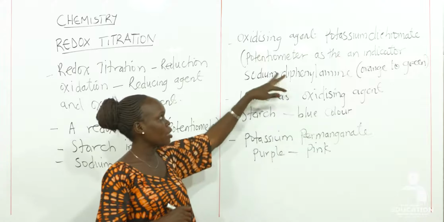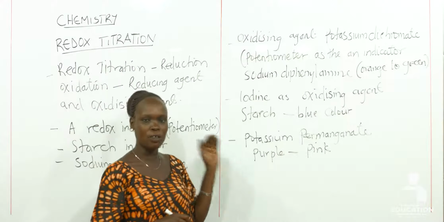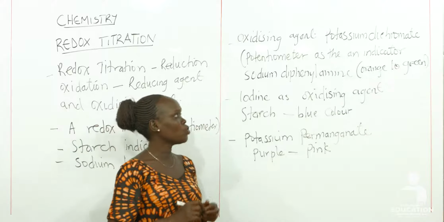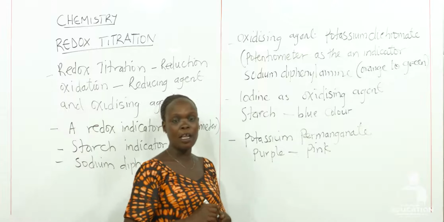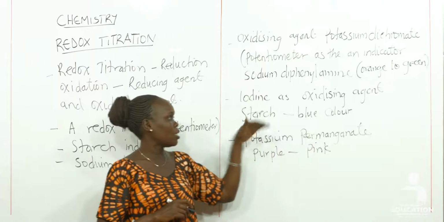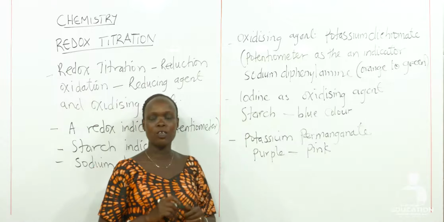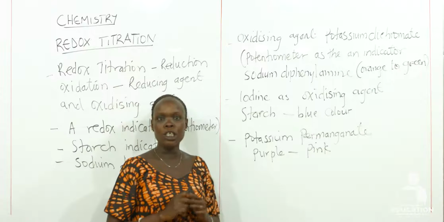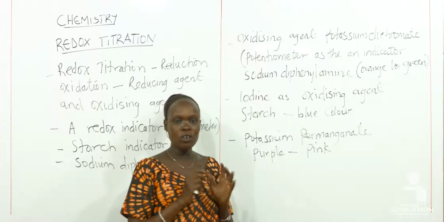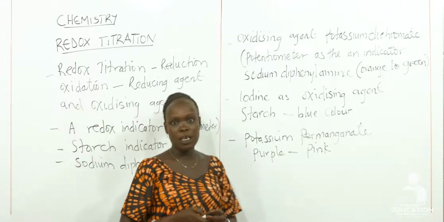If we are using potassium dichromate as the oxidizing agent, we have to use either a potentiometer or sodium diphenylamine sulfonate as the indicator. If you are using iodine as the oxidizing agent, remember that there is a starch indicator to be added in order to reach the end point. You also need to remember the color change for the different reagents.